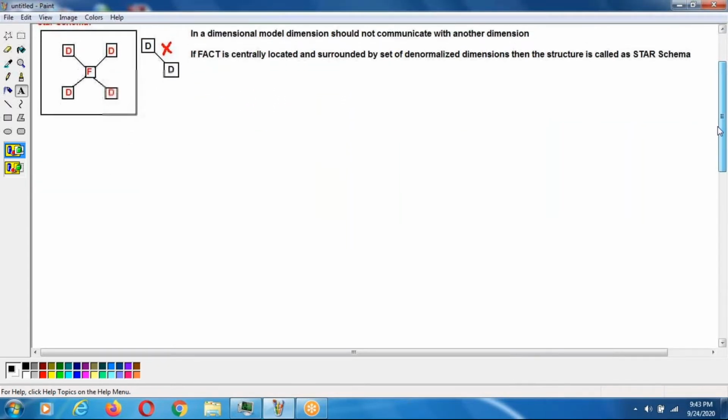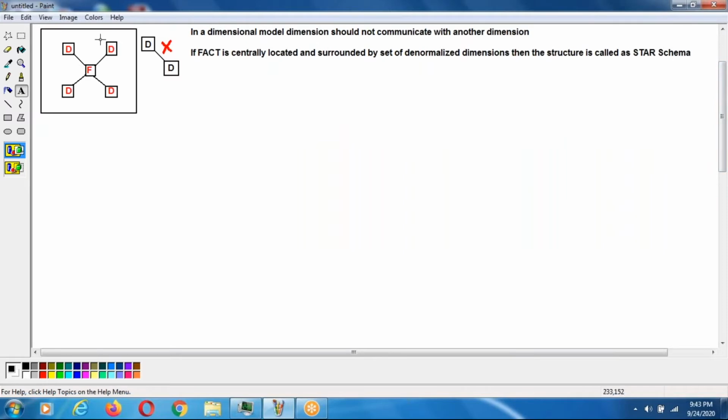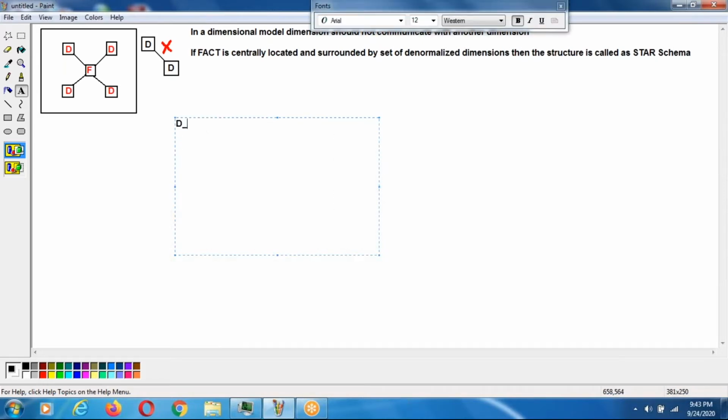Now I'll give one model. What is a dimension model we have discussed. Similarly, I'll give in the form of star schema. Maybe later I'll convert that into Snowflake schema. So for example, I'm having a table called customers, and I'm saying it is a dimension table. It is consisting of fields like customer ID, customer name, customer type, customer address.